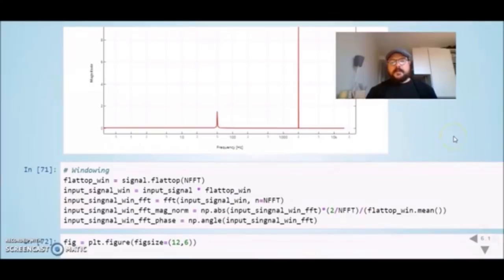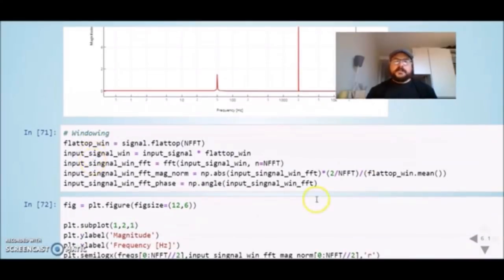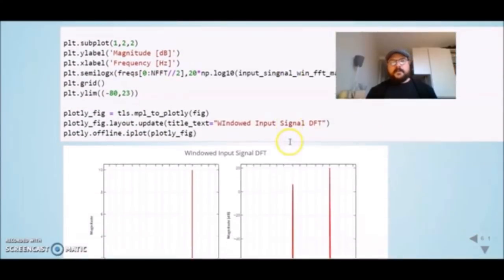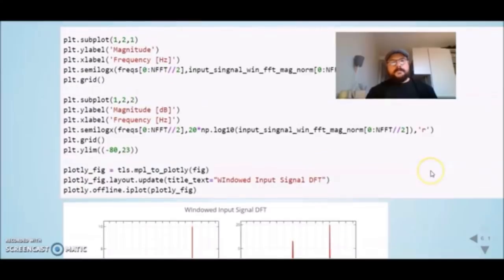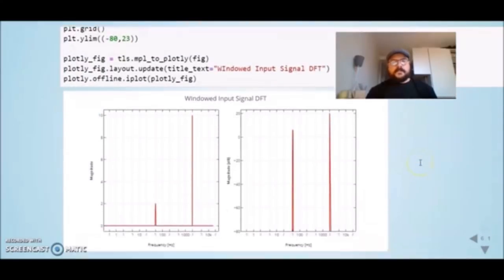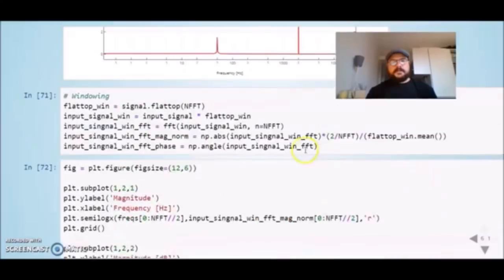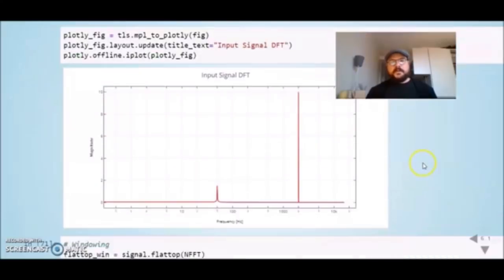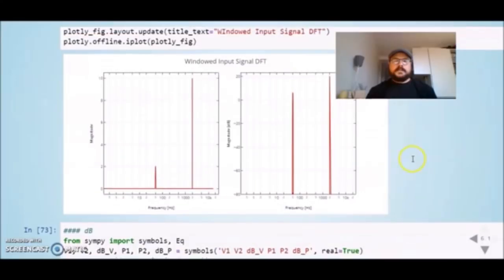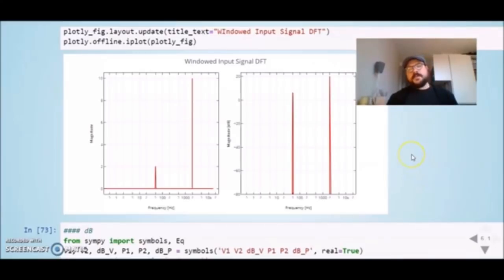Then I'm taking the FFT of the windowed input signal, taking into consideration also the window, and now we have our new windowed signal. So the magnitude and also in dB scale. Now the same signal, but a windowed version, and we see now we have 2 at 50 Hertz and 10 at 2000 Hertz, which were the original amplitudes of our input signal.